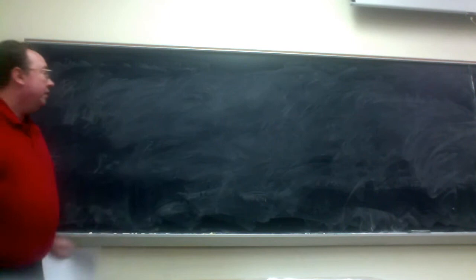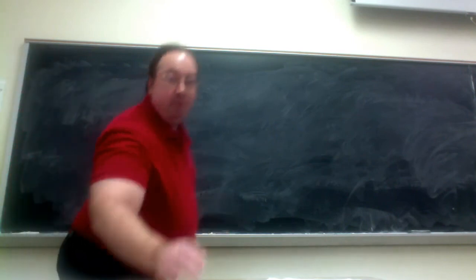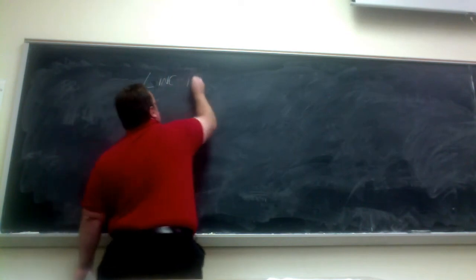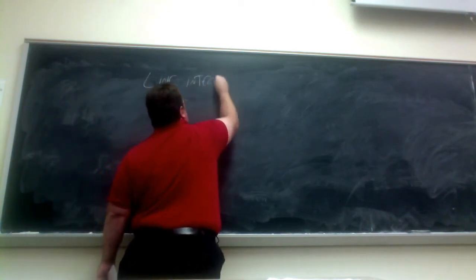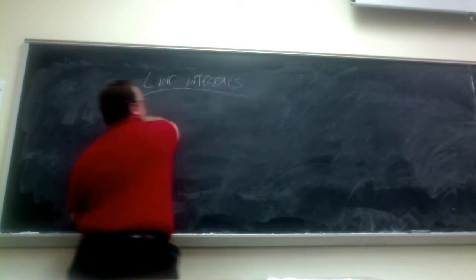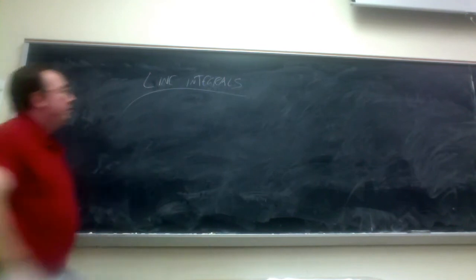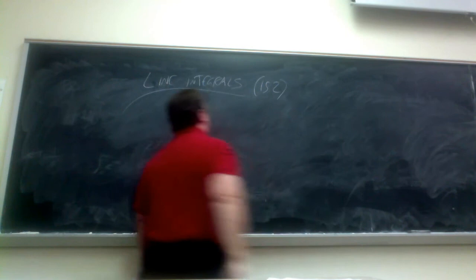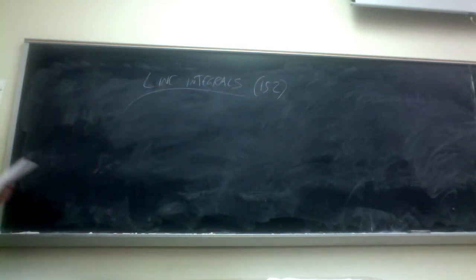Okay, now, whatever time we have left, so the first assignment from chapter 15, it's not due for a while, on line integrals. We might not get through the rest of the section today.